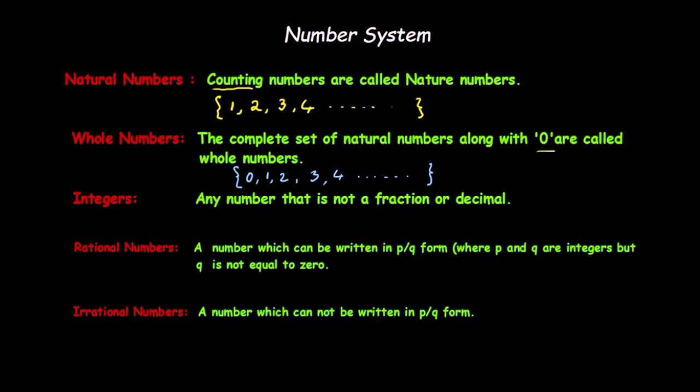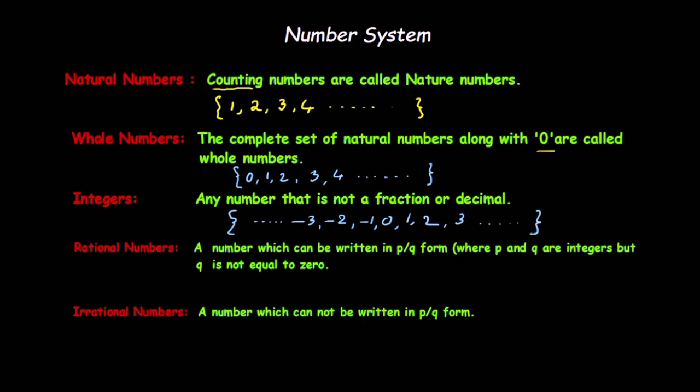The next one is about the integers. So what are the integers? Any number that is not a fraction or decimal. You can take any number: positive numbers, zero, and negative numbers also. For suppose now I am going to take -3, -2, that is the negative numbers, -1, 0, 1, that means positive numbers, 2, 3, and so on.